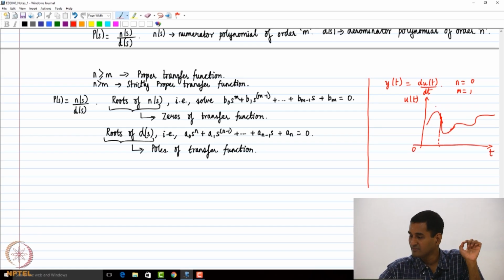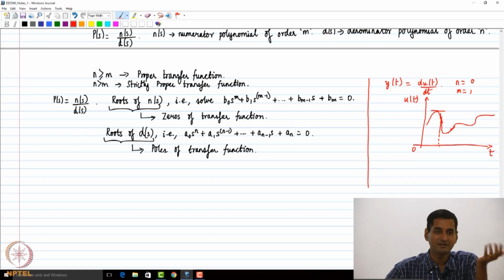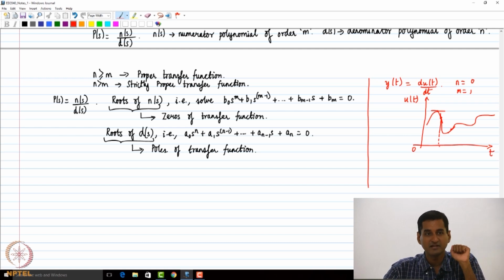If I am at a local maximum of u of t, the derivative will be 0, so the output will be 0. So it tries to anticipate what is happening, and that's why it becomes non-causal. I hope you now have an intuitive understanding of why this implies anticipation.